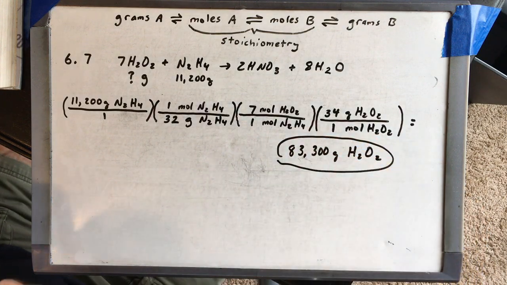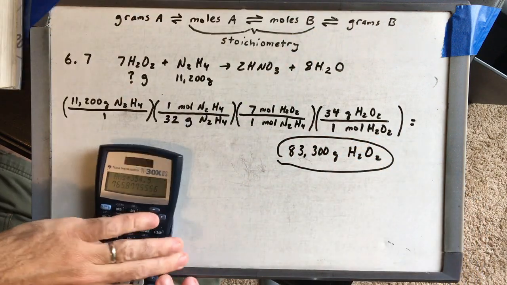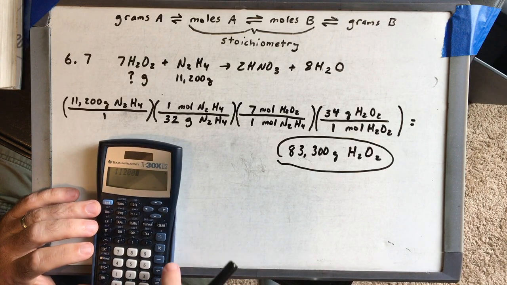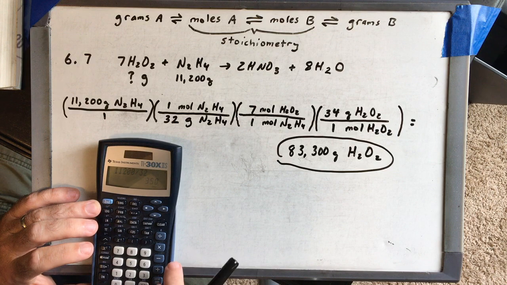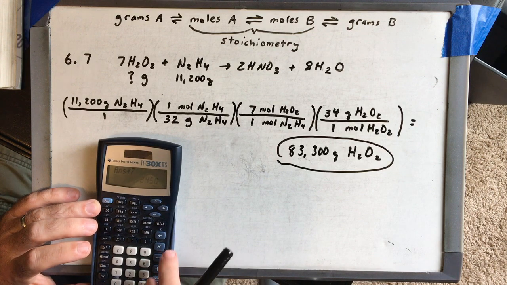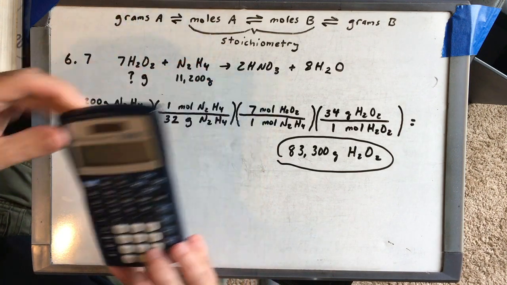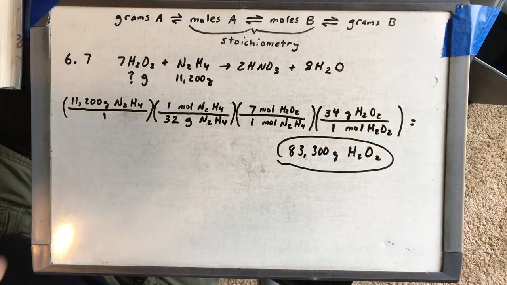I may have rounded that. Let's see real quick. 11,200 divided by 32 times 7 times 34. No, it's exactly 83,300. So I didn't even round that one.